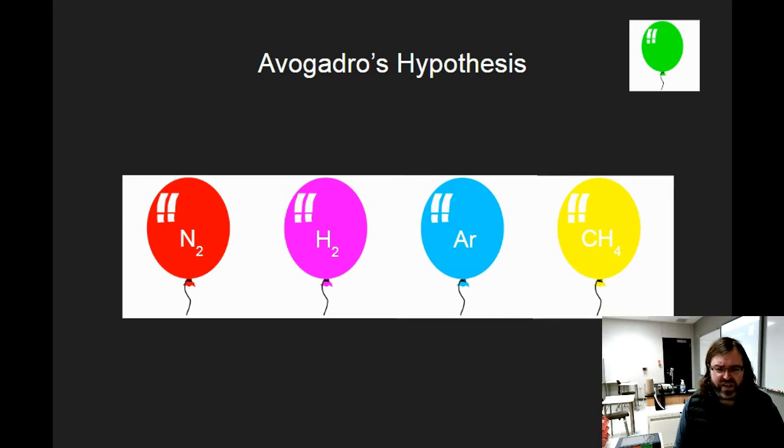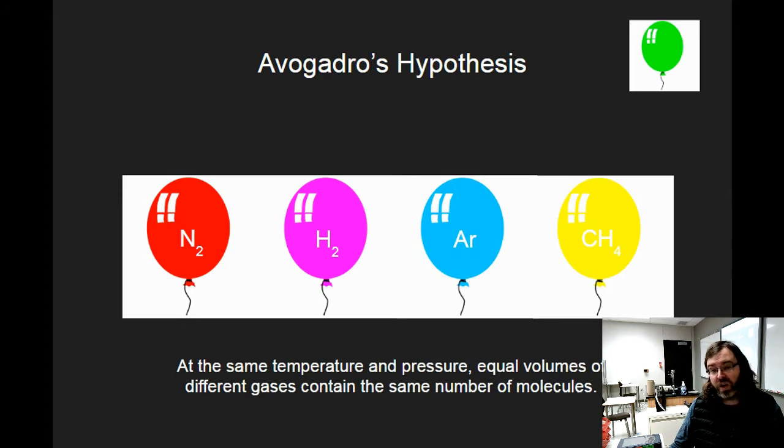So Avogadro's hypothesis was that this should be the same for any gas. And that's true with Boyle's, Charles's, and Gay-Lussac's laws as well. If I take any balloon filled with any gas, and I add more particles into it, the volume is going to increase.